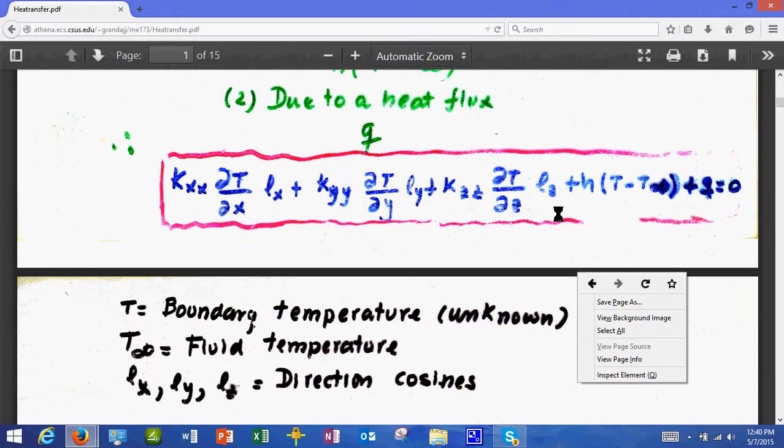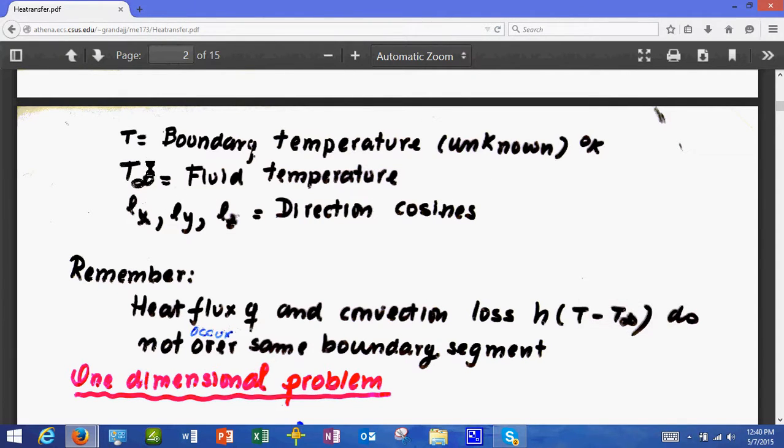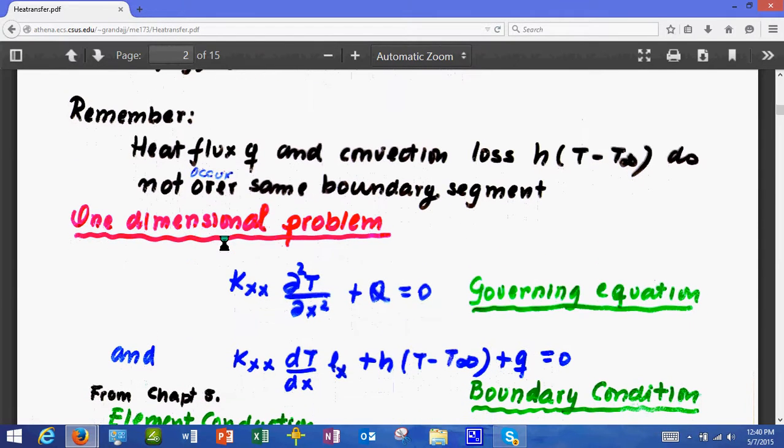In this case the temperature on the boundary is unknown, and T infinity is the fluid temperature, and Lx, Ly, and Lz are the direction cosines, so that we account for the heat flux in a particular direction.